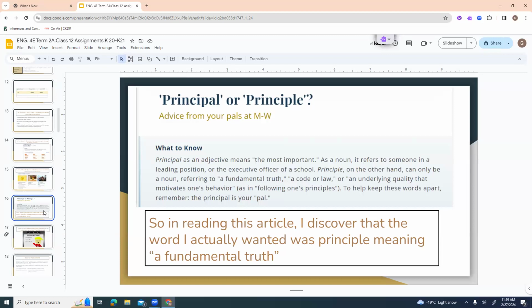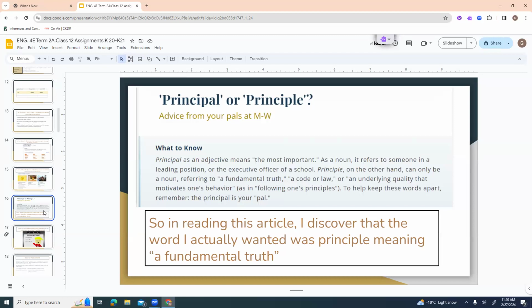He is the principal over at Sioux North. Principle with the LE rather than the AL can only be a noun. It can never be an adjective. And it refers to a fundamental truth, or you could phrase it as a code or a law or an underlying quality that motivates your behavior. Like, I am following my principles.